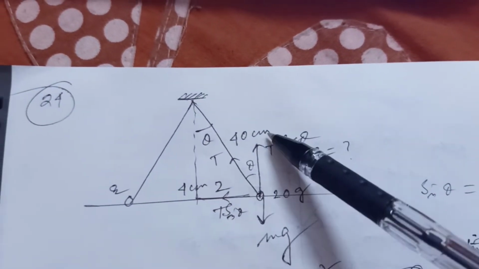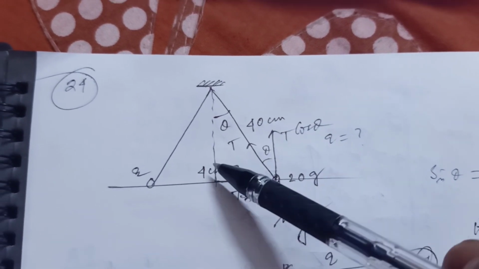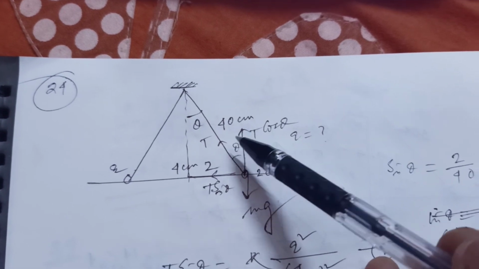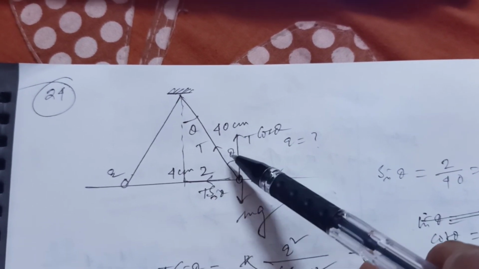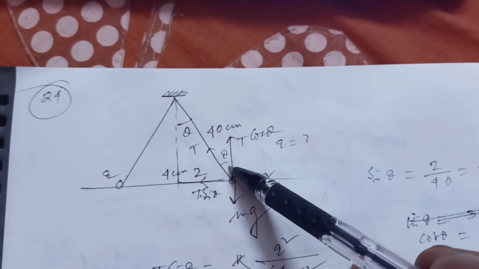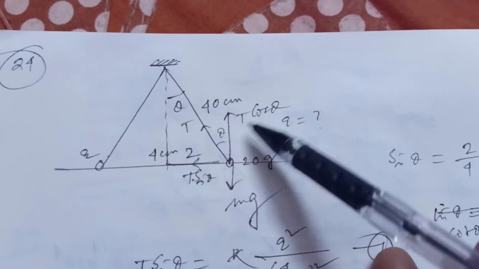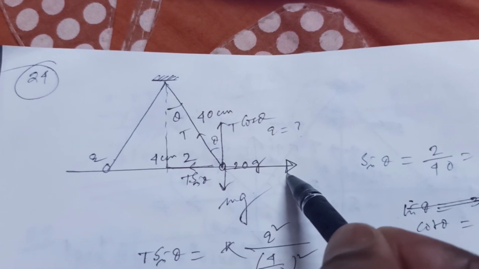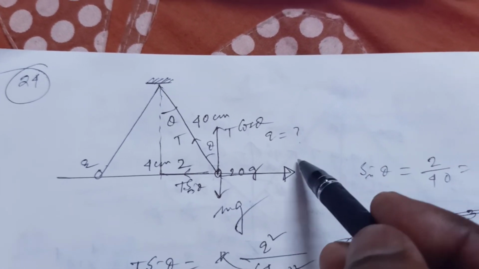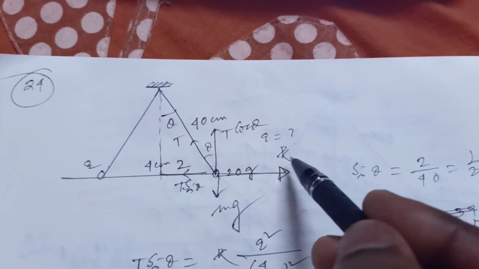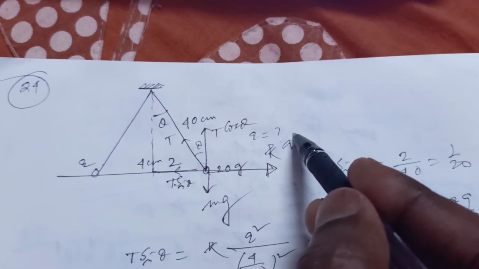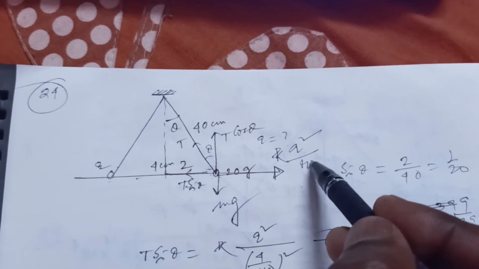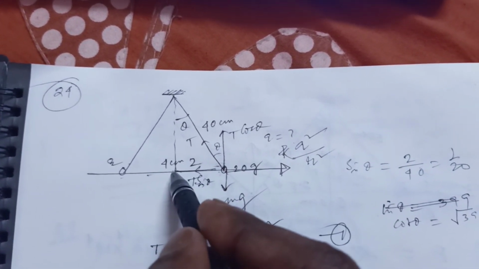So the length of the string is 40 centimeter, and they repel each other since the charge is the same. So this is T, then this is T cos theta, and this is T sin theta, because this is theta, so this is the alternate angle. The repulsion force acts along this particular direction, and this is k, kappa, q1 q2, that is q square by r square, and the separation is given as 4 centimeter.